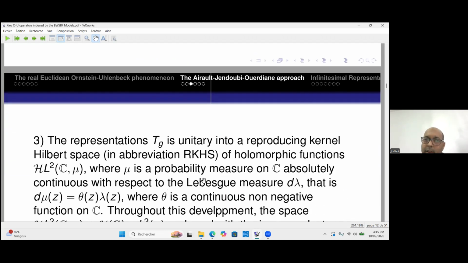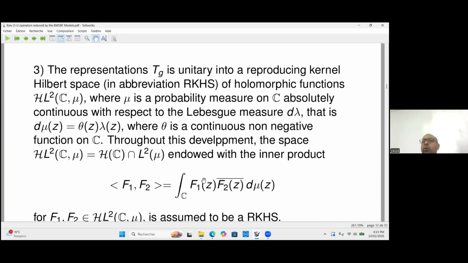And the third condition: we want to consider unitary operators T_g, unitary on some reproducing kernel Hilbert space of holomorphic functions with respect to some probability measure on C. We assume that we have a reproducing kernel Hilbert space, for which I will give in the following some examples related to the Fock space and some perturbation of the Fock space.